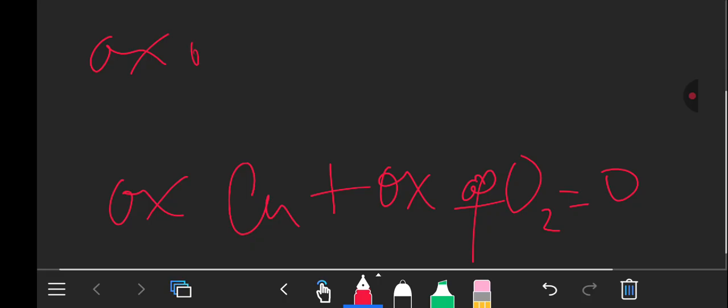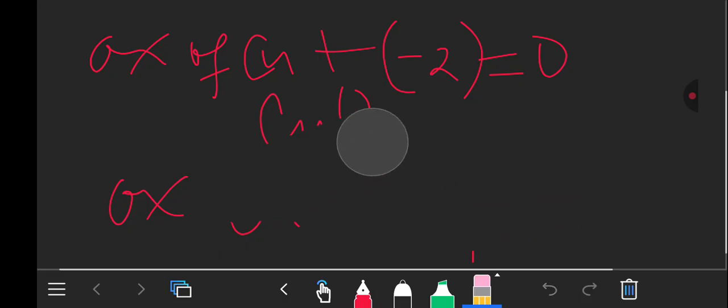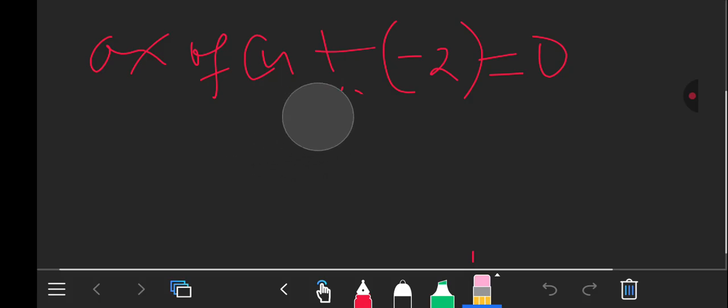So we're going to say the oxidation state of copper plus the oxidation state of oxygen. There is just one atom of oxygen, so it will be plus -2, then equal to 0. Let's now find the oxidation state for copper in copper(II) oxide.